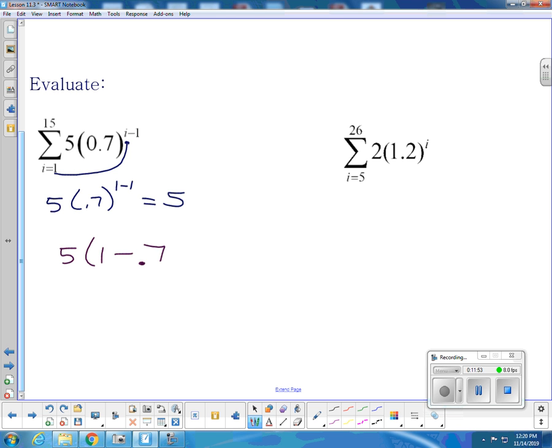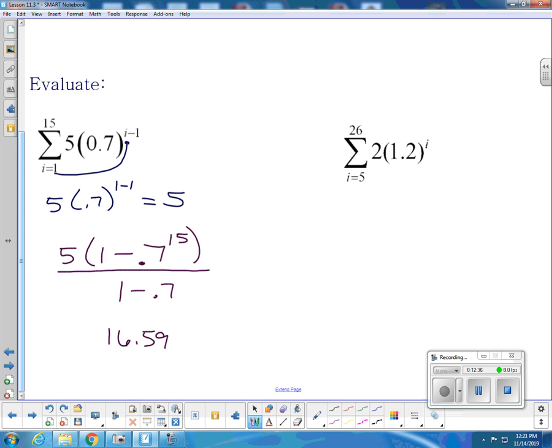From 1 to 15. 15. Don't let it confuse you, you're going to subtract them and add 1. All over 1 minus 0.7. Now, it's not in the formula, but when you put this in your calculator, that denominator needs parentheses if you do it all at once. Or you just subtract in your head. You see that? You need to find your first term, then just apply the formula.